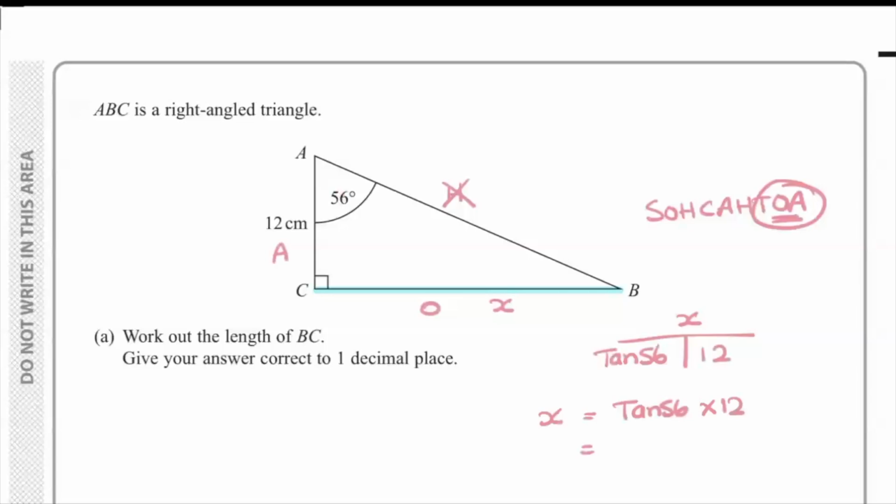Now, the calculator is going to open a bracket. Make sure you close it. If you don't close it, you are not going to get the right answer. And we've got 17.790, on and on it goes. What do they want us to round to? One decimal place. So 17.8 is the final answer.